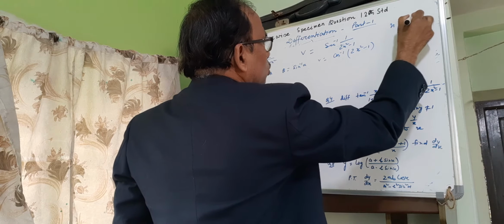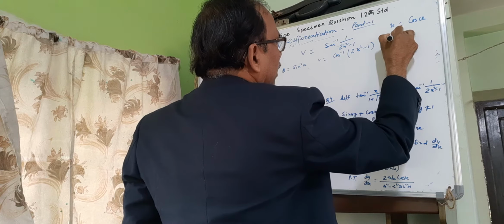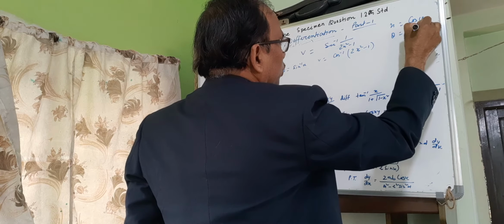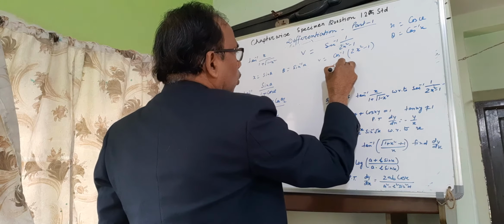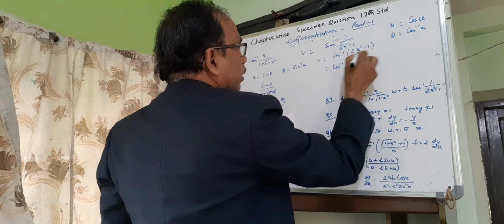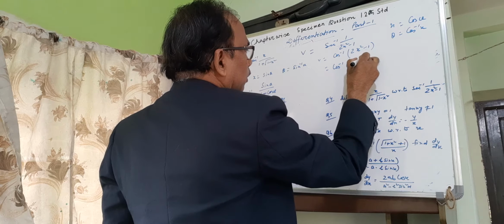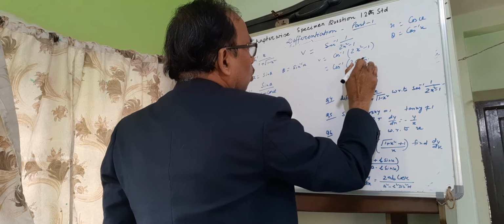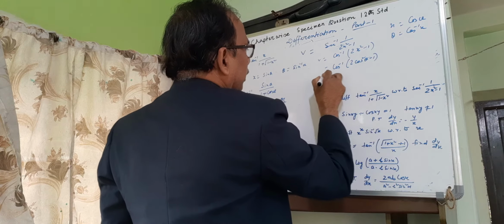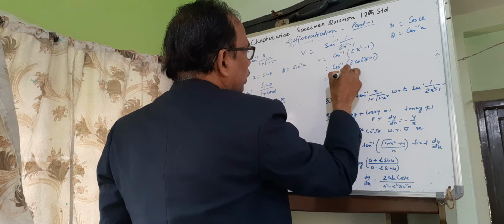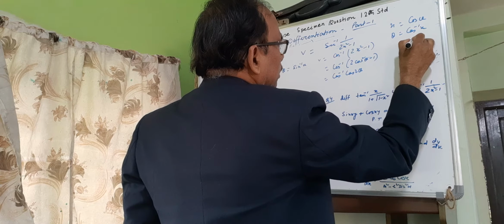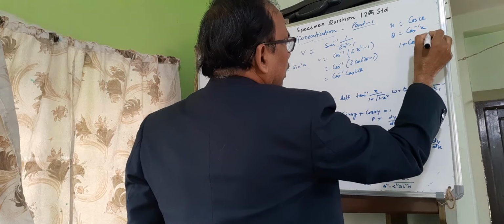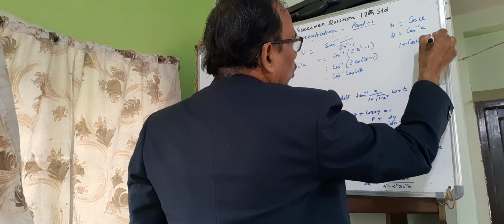Put x equals cos theta, theta equals cos inverse x. Put it here, cos inverse 2 cos square theta minus 1, 2 cos square theta minus 1 equals cos inverse cos 2 theta, 1 plus cos 2 theta equals 2 cos square theta.